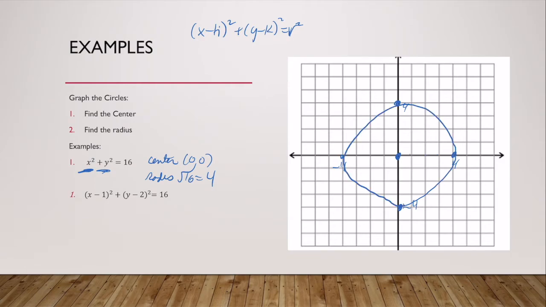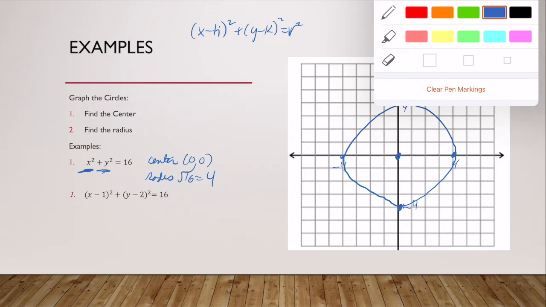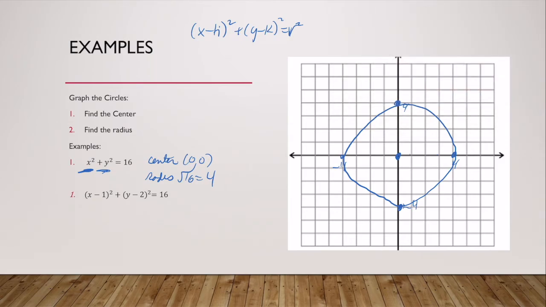Let's try again in green this time. So if I have x minus 1 squared plus y minus k squared, remember h, k is my center. So in this case, my center is 1, 2. So when x is 1, y is 2. And again, my radius is going to be the square root of 16, which is 4. 1, 2, 3, 4.